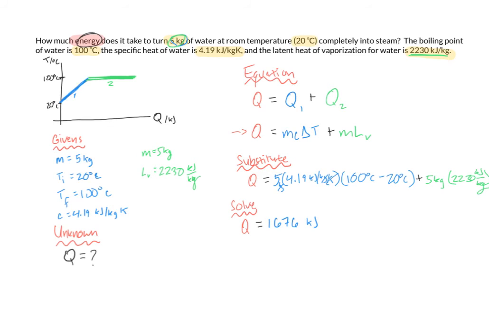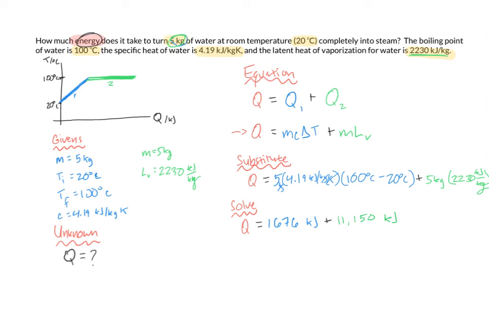So everything's going to cancel out to kilojoules. And to that, I am going to add the amount of energy required to evaporate all of that water and turn it into steam, which is 11,150 kilojoules. And again, you can check your units here.